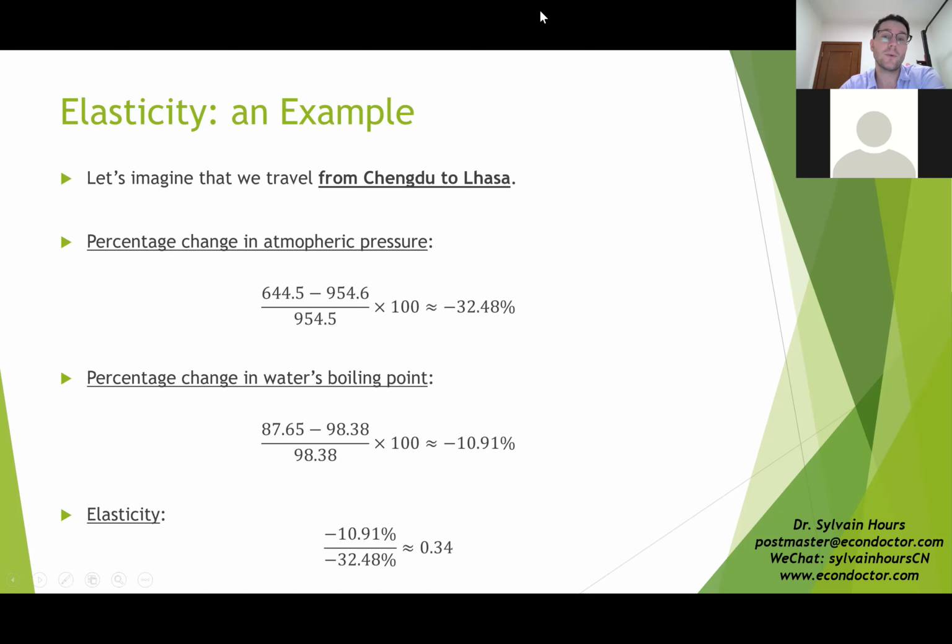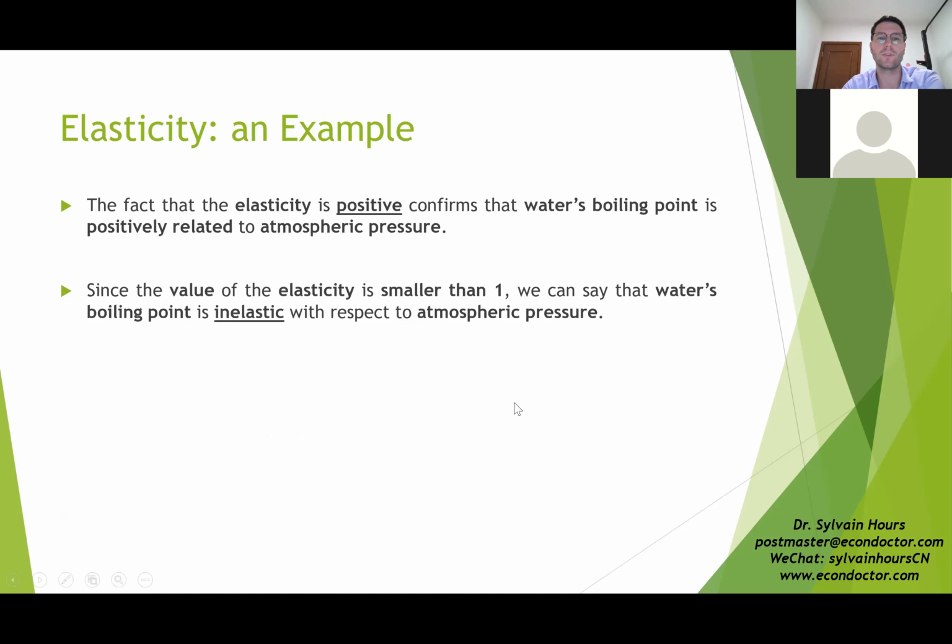And we can see that, right? We have decreased the atmospheric pressure by over 30%, but the water's boiling point has only decreased by 11%. So it does not change much, basically, relative to the change in the independent variable. So that's what we can say: positive relationship, relatively inelastic.